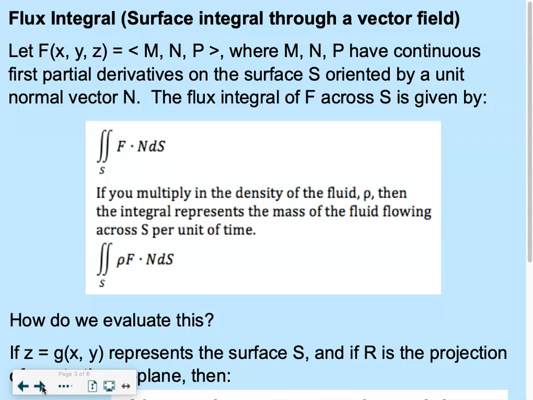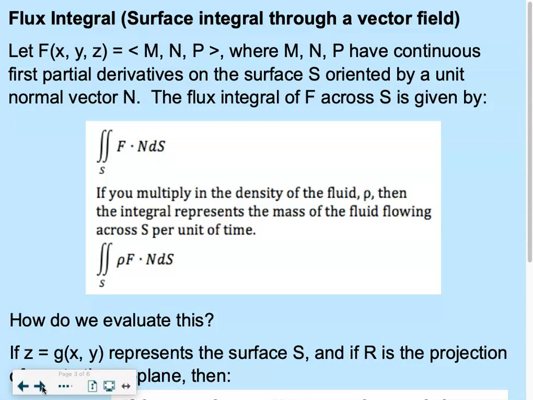So you had your F dot dr, a slightly easier way to calculate the line integral, but a different context, right? We had the work, which was a line integral of a vector field, a particle traveling through a vector field.